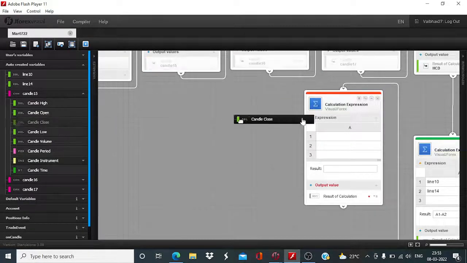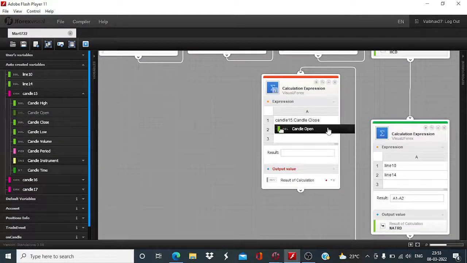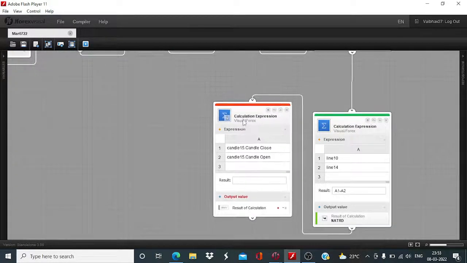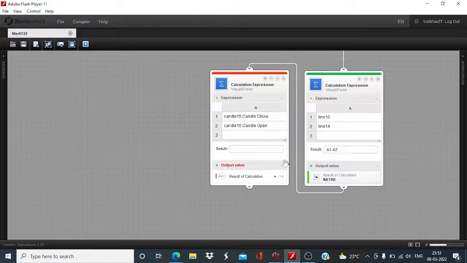Here the closing value and the opening value will be taken into consideration. So again, same thing, A1 minus A2.